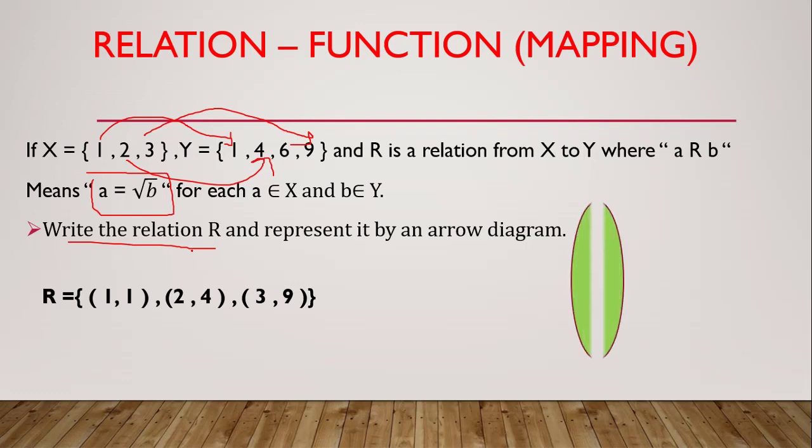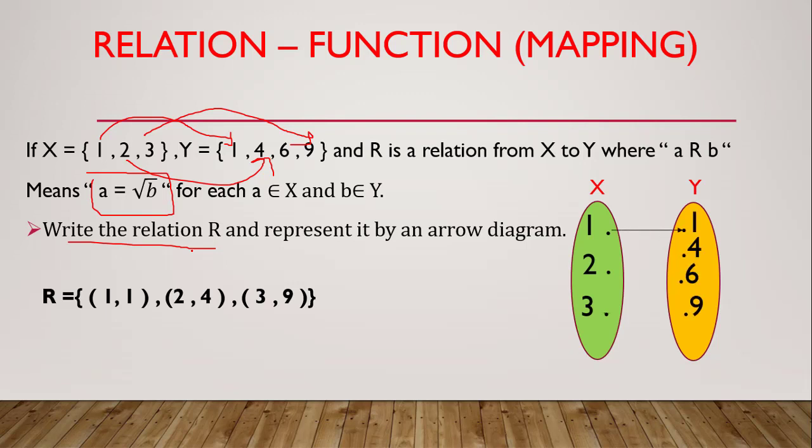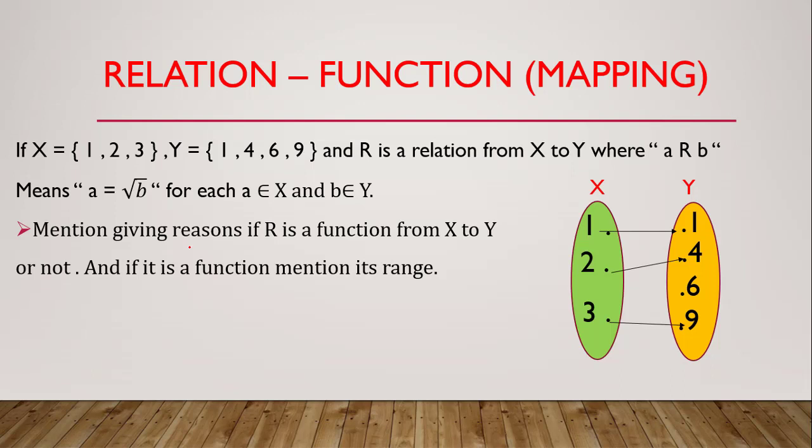I can draw this relation by an arrow diagram. It's very easy. 1 with 1, 2 with 4, and 3 with 9. Okay? So this is the arrow diagram. Mention, giving reasons, if R is a function from X to Y or not, and if it is a function, mention its range. Okay. Is R a function?